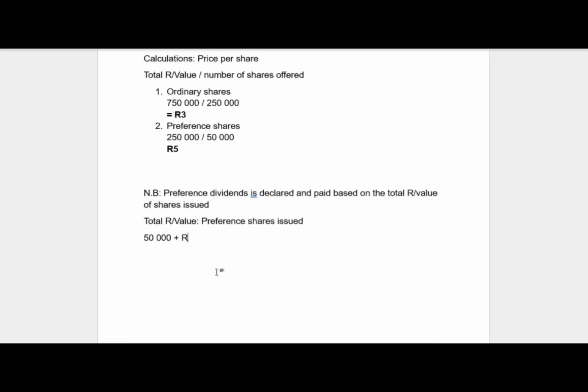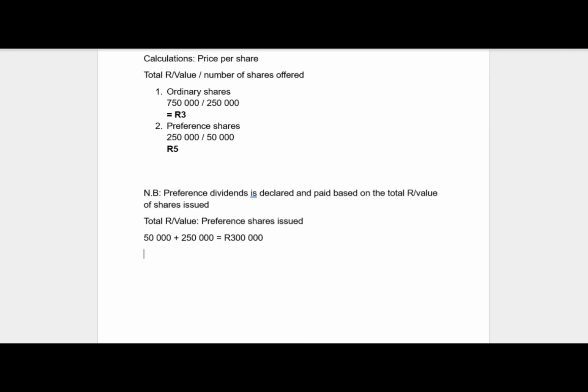So the total rand value for preference shares issued is 50,000 rand plus 250,000 rand, which gives us 300,000. After calculating the total rand value for preference shares issued, we can calculate dividends on preference shares.